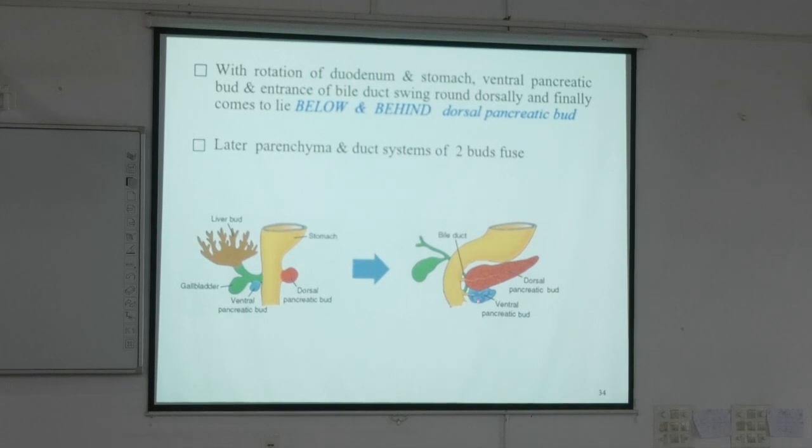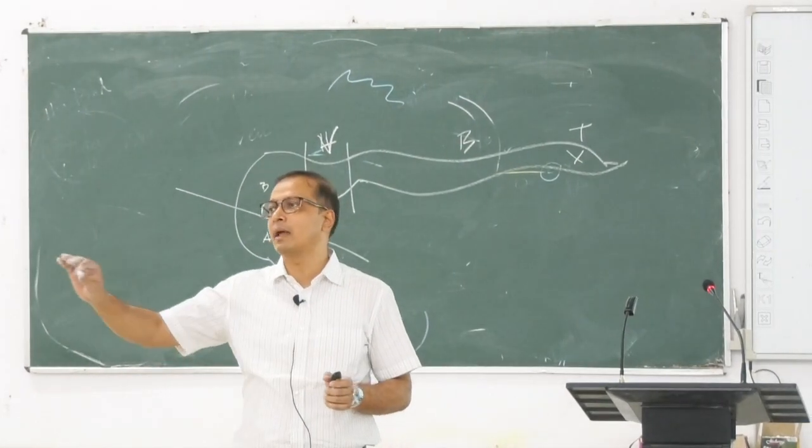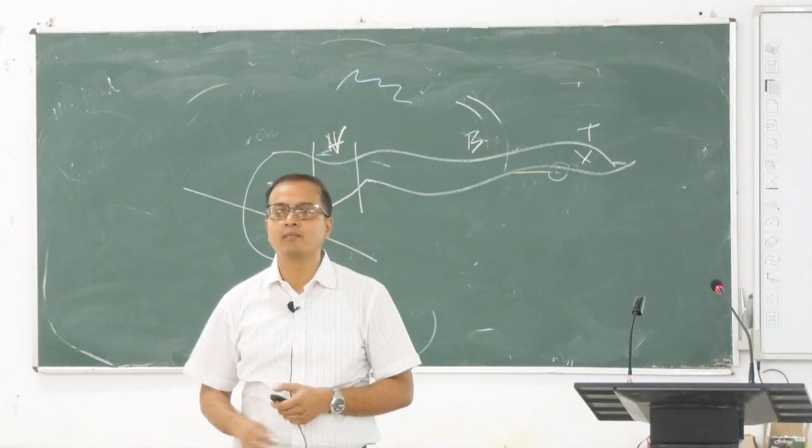The ventral one, which was blue and initially at the front, switches below and posterior to the dorsal pancreatic bud. As time progresses, the ventral and dorsal pancreatic buds join with each other and make a single pancreatic bud, which eventually grows to the adult form, whatever we are seeing here.